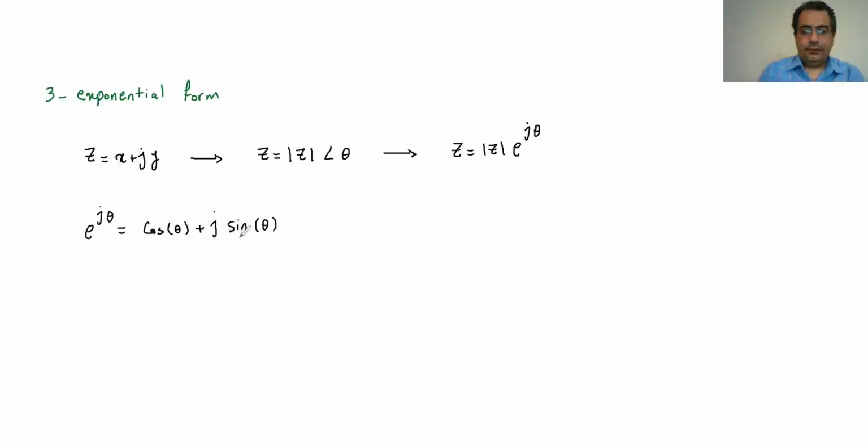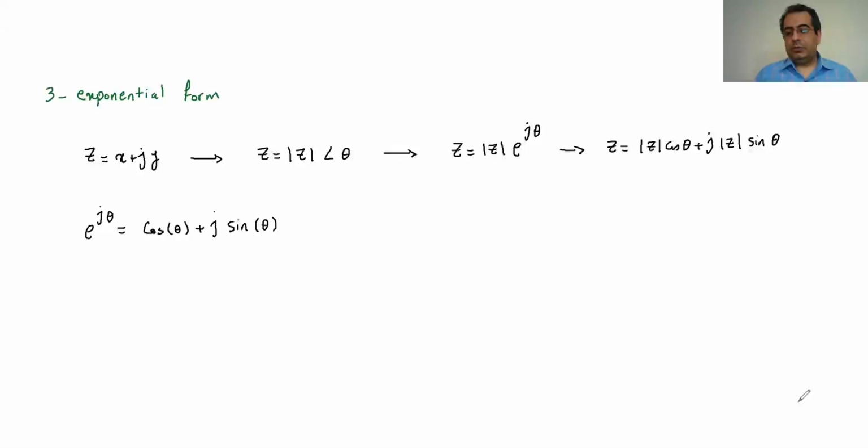So therefore, I can go ahead and say that the z also can be written as the magnitude of z cosine theta plus j magnitude of z sine theta. So this is how we use the exponential format.